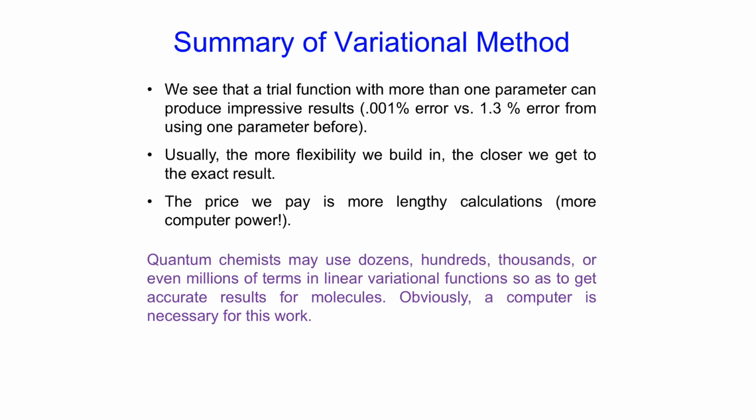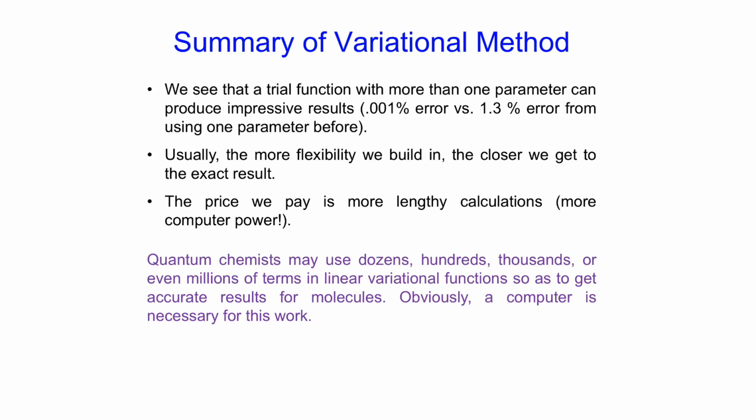Okay, so moral of the story is we can use variational parameters, additional terms in our trial functions, to get pretty impressive results. The more flexibility we build in, the closer we get to the exact result, but the price we pay is more lengthy calculations or requiring more computer power, if you're doing these with a computer.